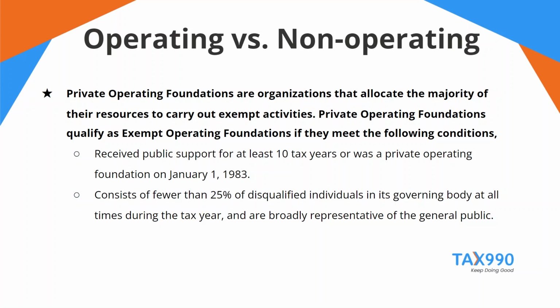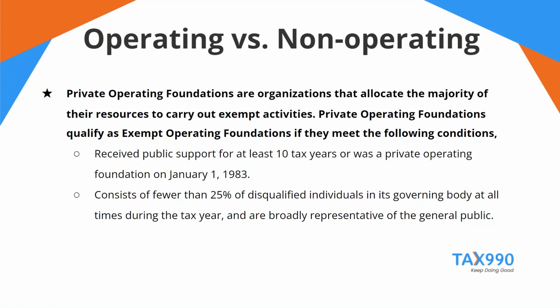As I mentioned, we're going to take a look at the difference between operating versus non-operating private foundations, because choosing the inaccurate operating foundation could significantly impact the acceptance or rejection of your return. So private operating foundations are organizations that allocate the majority of their resources to carry out exempt activities.